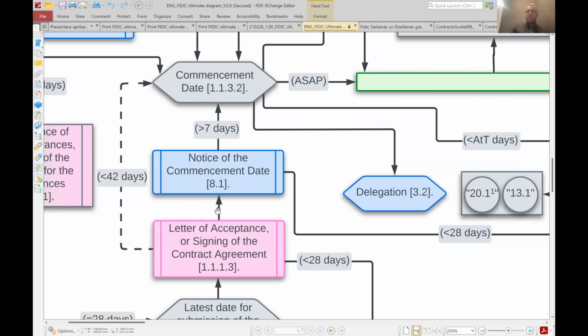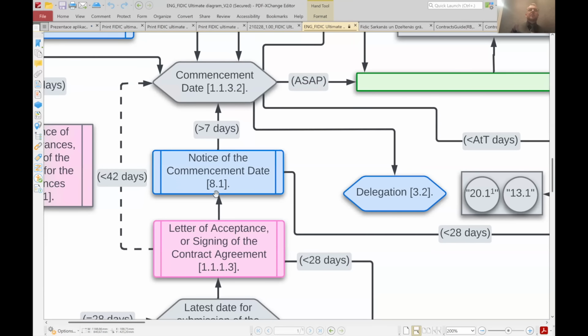Okay, when to start working. It should be not more than 42 days after signing the contract agreement or the letter of acceptance, but it should not be less than 7 days after this notice. Okay, so again, this is the important part that you have to know.